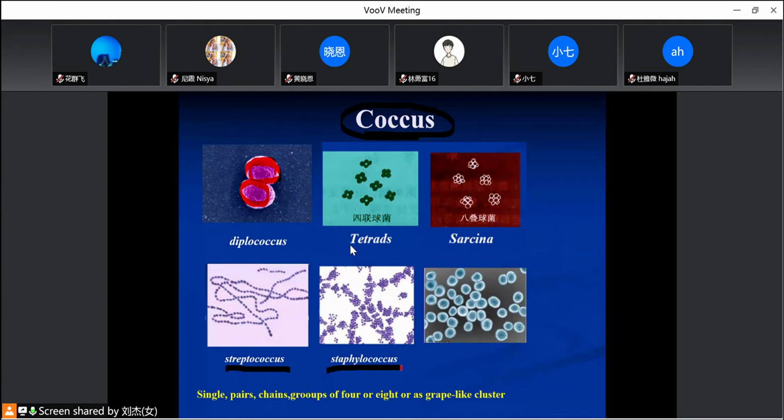Although they look a little similar, they are different. This one is Streptococcus, and this one is Staphylococcus. What's the difference between Streptococcus and Staphylococcus?